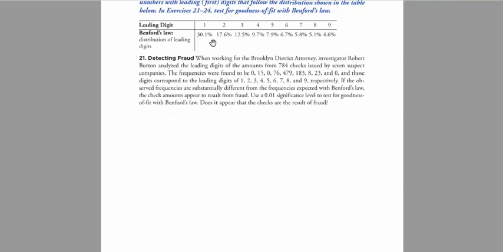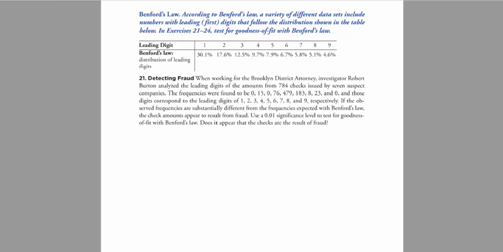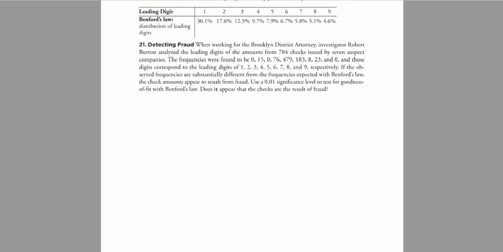So I'll try to leave enough room for us to have room for the whole problem here. All right, so you can see here that they're trying to figure out if you can detect fraud by just looking at the numbers on the checks.